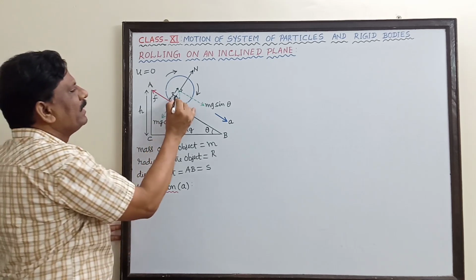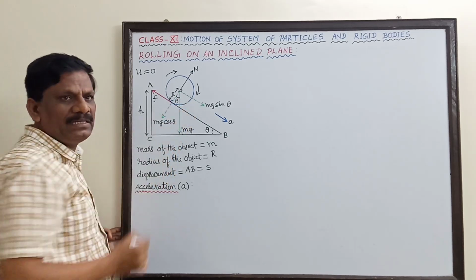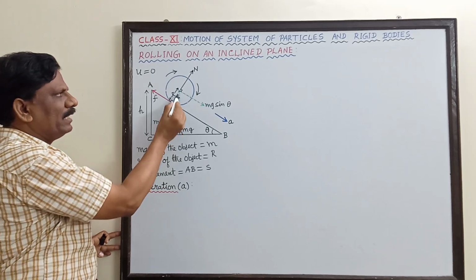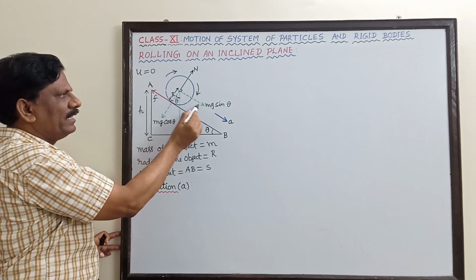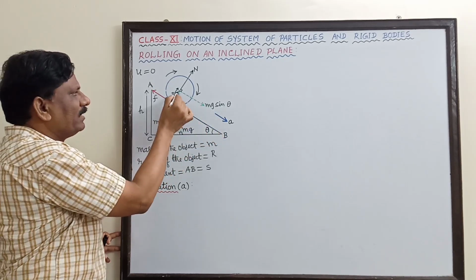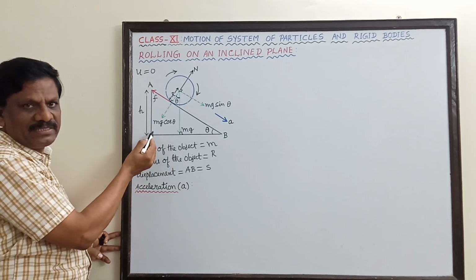This angle with the vertical is again theta. So the component acting along the direction of motion will be mg sin theta, and the other component perpendicular to the direction of motion will be mg cos theta.